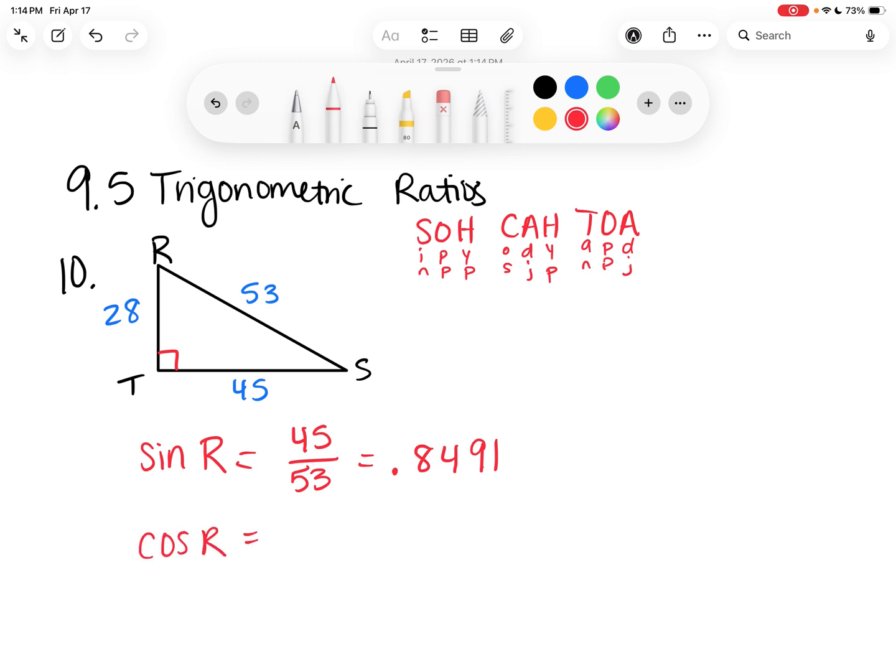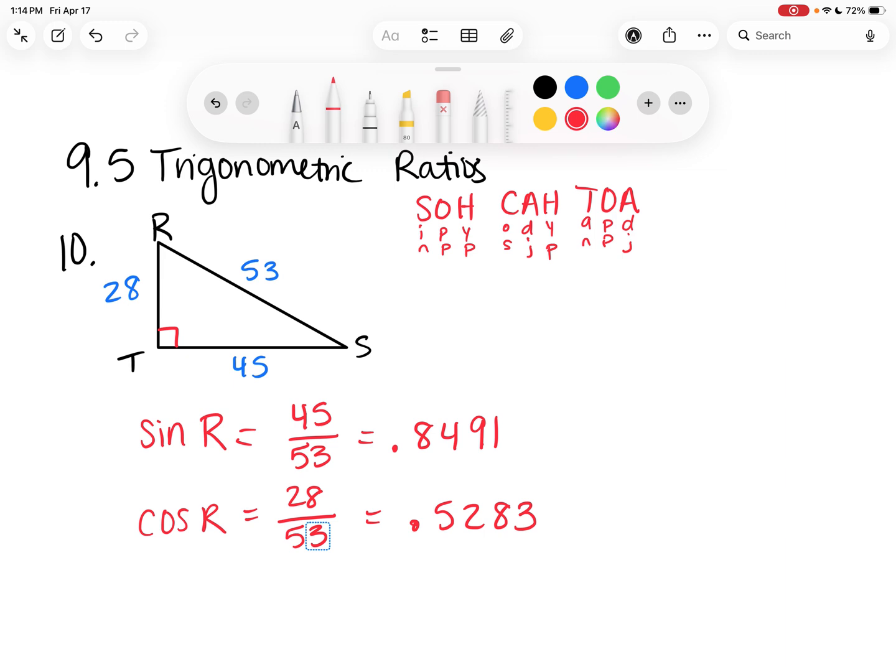Cosine of R. Cosine is adjacent. Adjacent means the side that's touching it. So that would be this one, 28 over hypotenuse, 53. So 28 divided by 53, 0.5283.